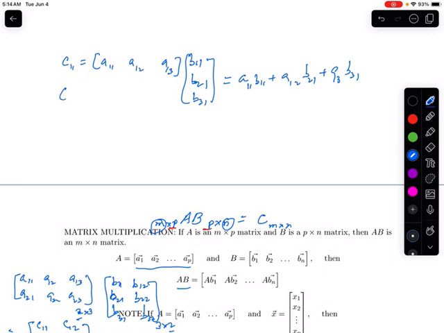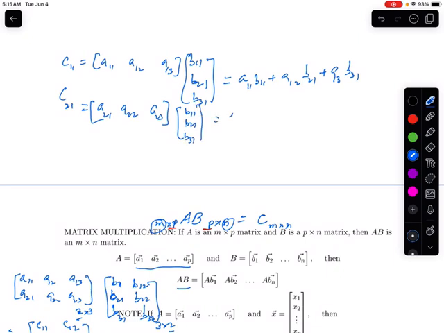So notice here that these indices of C tell you which row to pick and which column to pick. The row matrix will be on the left and the column matrix will be on the right. For example, when we are trying to find C21, it means now the second row of A, so A21, A22, A23, and it is being multiplied by the first column of B, so B11, B21, and B31.